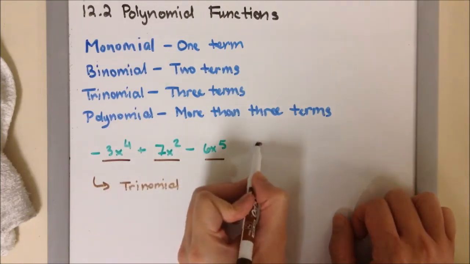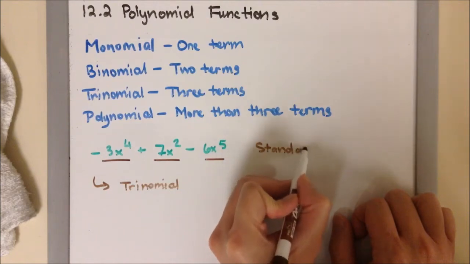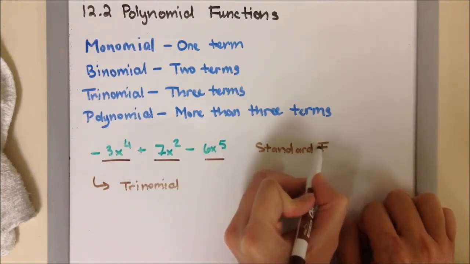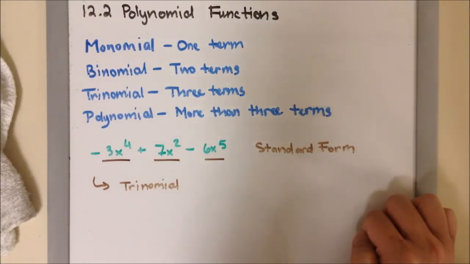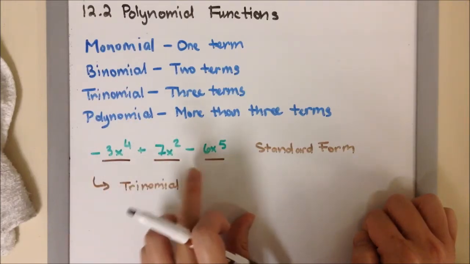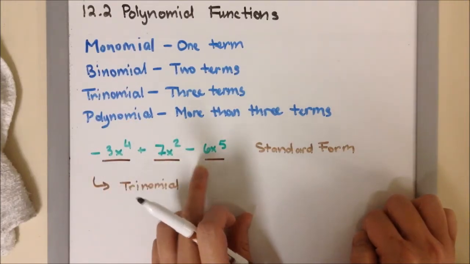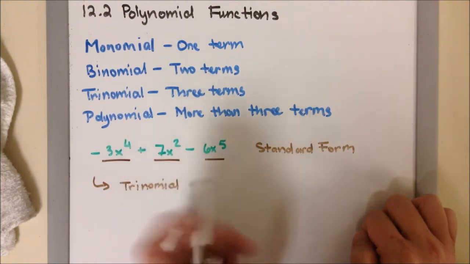And then for standard form, when it's asking you to write out the standard form, we're going to put the terms in order, starting with the highest exponent. So my highest exponent is the fifth power, so I'm going to write negative 6x to the fifth first.